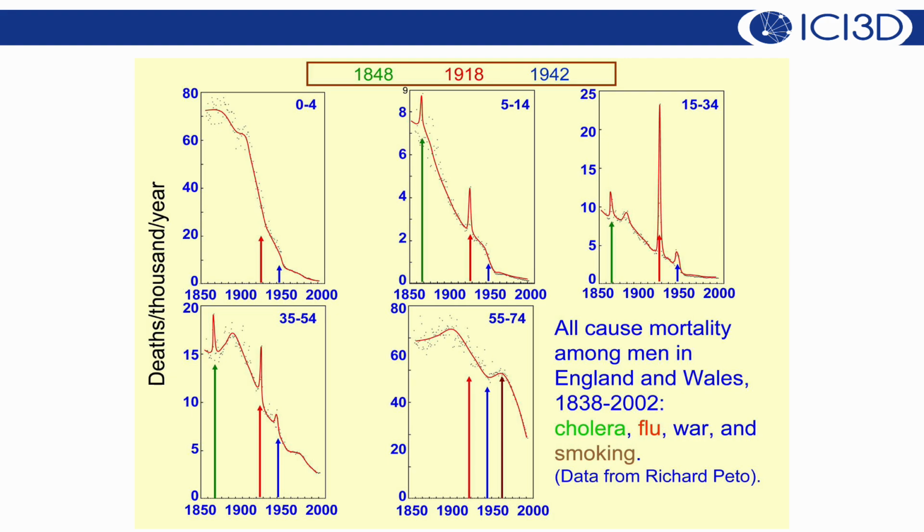It's basically all-cause mortality amongst males, because it's babies and young boys and young men, in England and Wales between 1838 and 2002. It is particularly highlighting deaths from various things: cholera, then flu, and also deaths due to war, and finally due to smoking. Those are the vertical arrows you'll see.